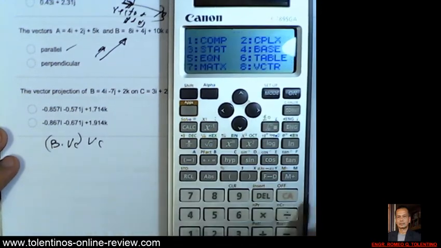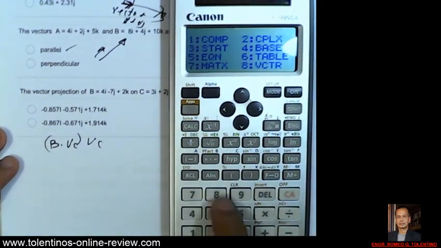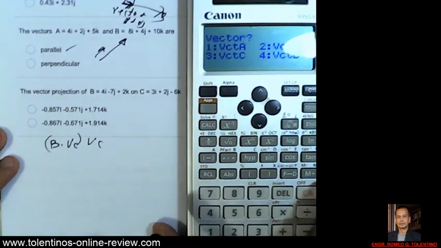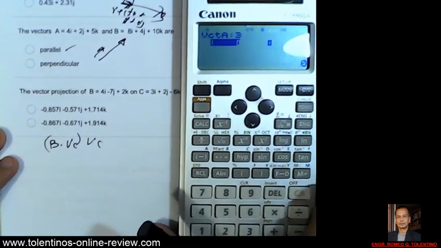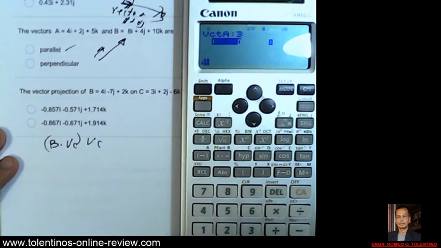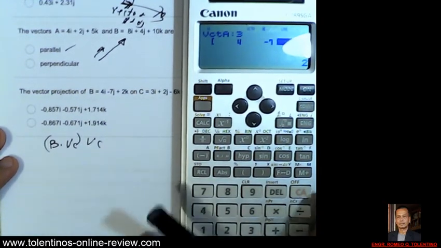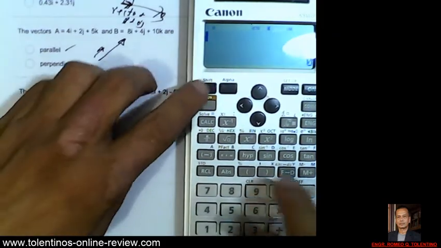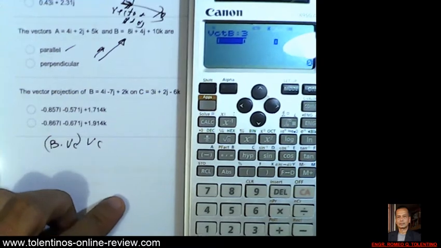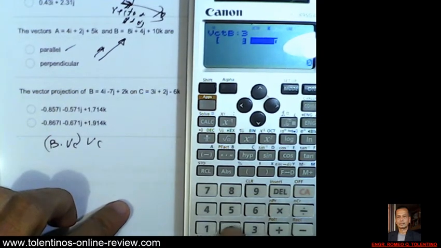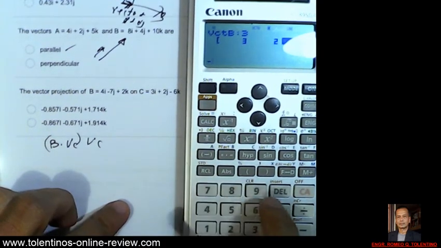So, mode 8 ka uli. Mode 8, 1, 1. You have 4, negative 7, and 2. Okay, and then, shift apps, dimension mo yung vector B as 3-dimensional, 3, 2, and negative 6.